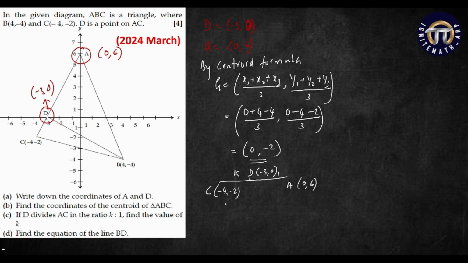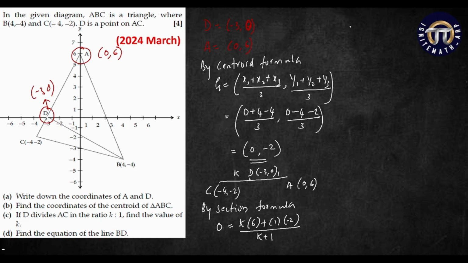So now what can I write? By the section formula, I know the coordinate of D, I'll take the y coordinate. So the y coordinate, that is 0, is equal to m1 y2, that is k into 6, plus m2 y1, 1 into minus 2, divided by m1 plus m2, k plus 1.